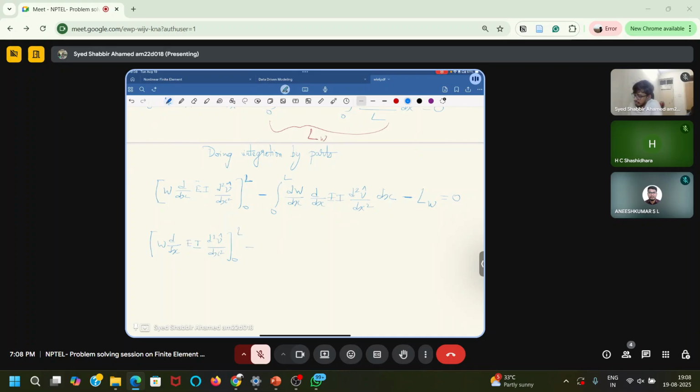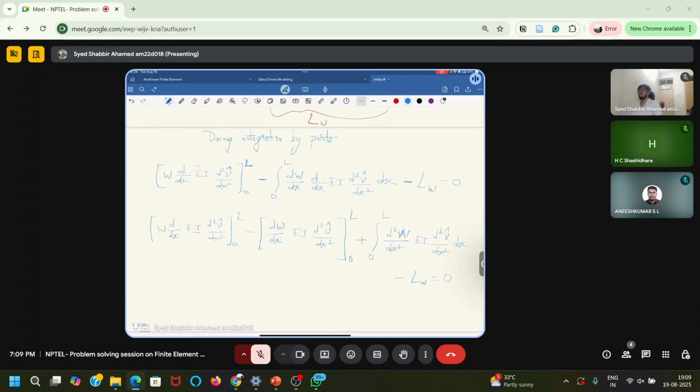And for this term, after doing integration by parts, I'll get this from 0 to L, plus the integral from 0 to L of d square W by dx square into EI into d square V cap by dx square dx, minus LW, whatever it is.